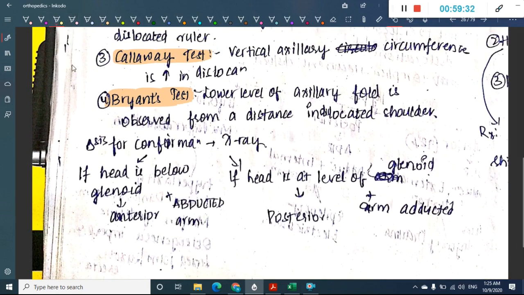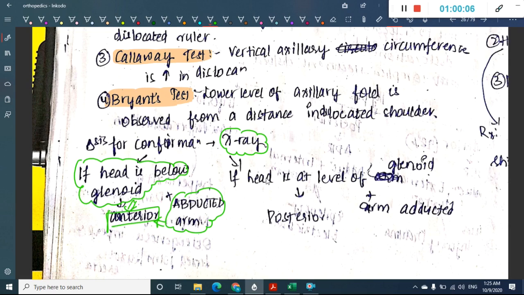Then the next is diagnosis. All these are just theoretical tests, but for confirmation an X-ray should be done. In the X-ray, if the head is present below the glenoid along with an abducted arm, then we call it anterior dislocation.